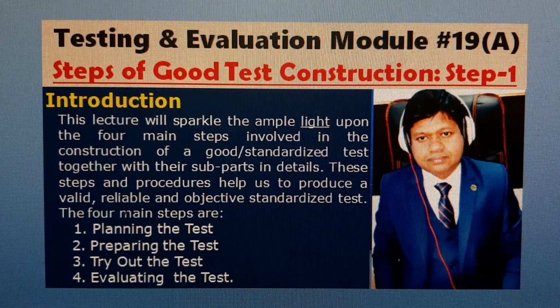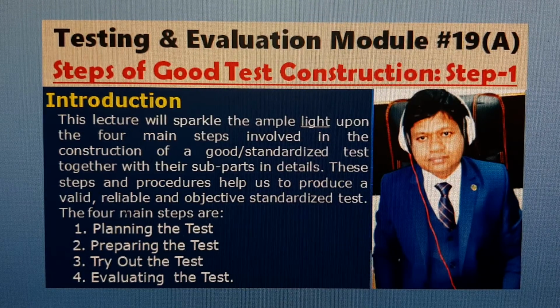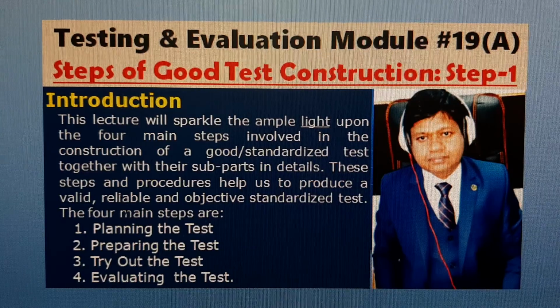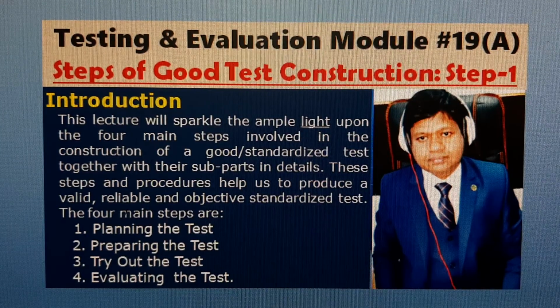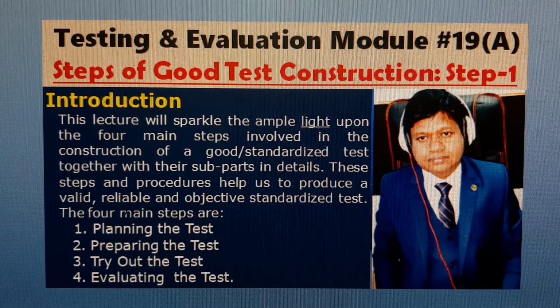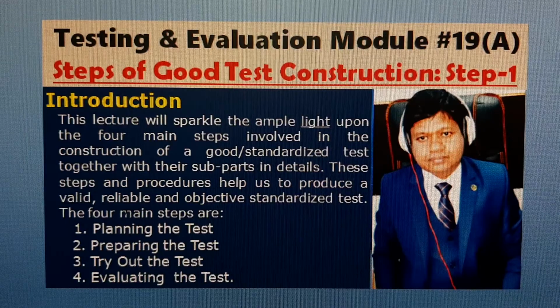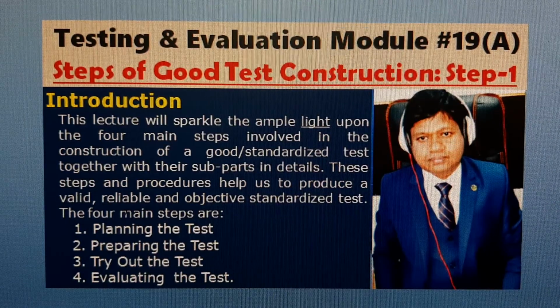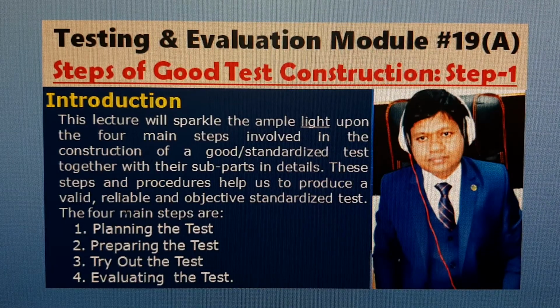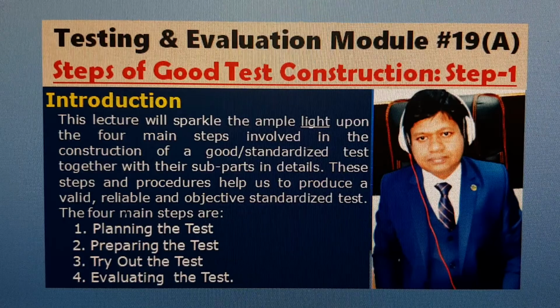These steps and procedures help us to produce a valid, reliable, objective and usable standardized test. The four main steps are: number 1, planning the test; number 2, preparing the test; number 3, trying out the test; and number 4, evaluating the test. Now, I want to discuss each step in details. Let's begin.